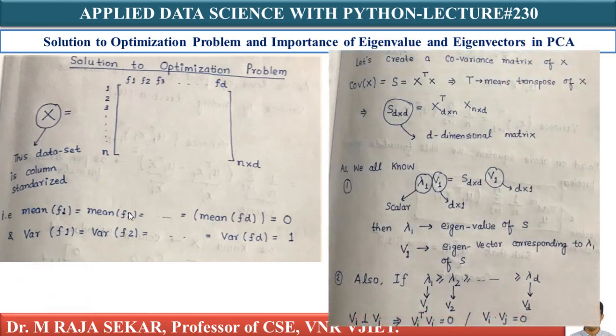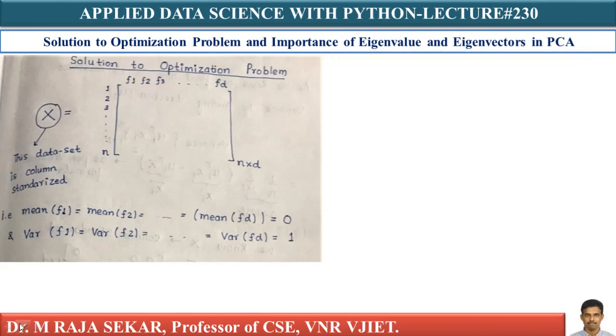Now let's create the covariance matrix of X. Let's assume capital S is the covariance matrix. How can I write the covariance matrix? S equals X transpose X. What is X?